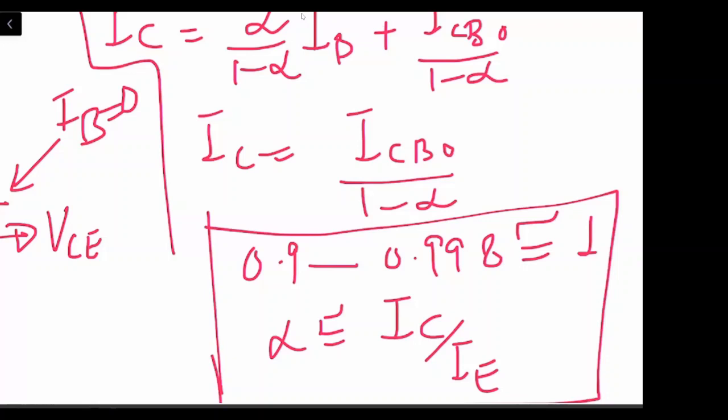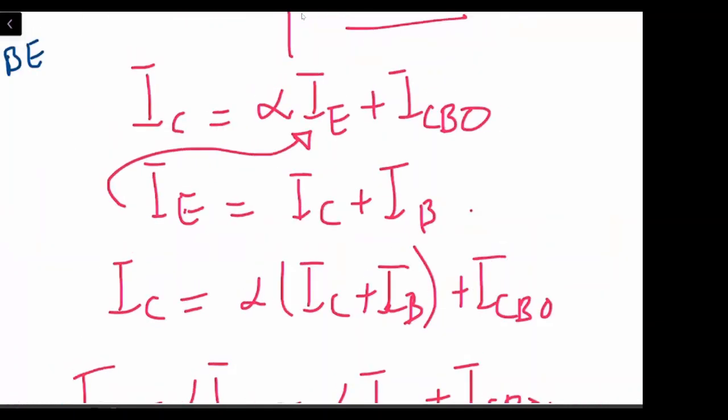Okay, alpha is basically the ratio of IC to IE, right? And as we know from this equation, IE is equal to IC plus IB, but the value of IB is very small, because IB is normally in the range of microamperes and IC is in the range of milliamperes, right?